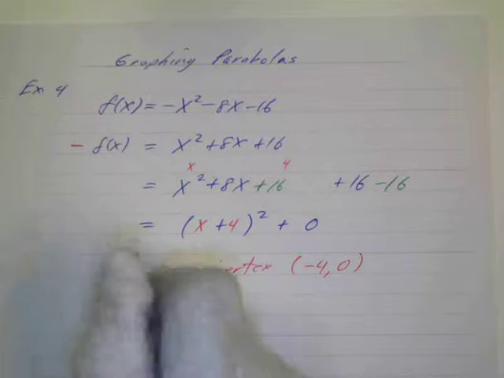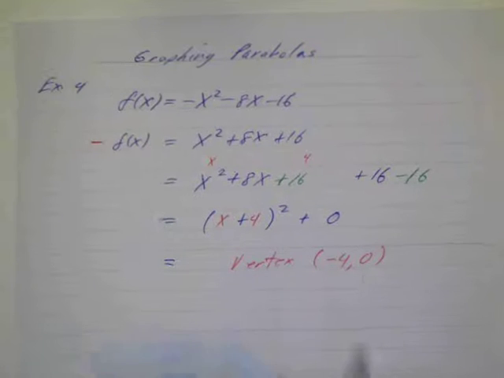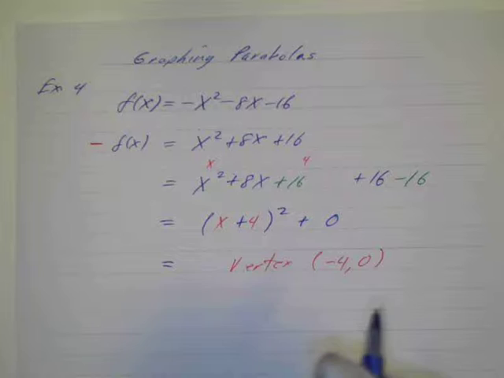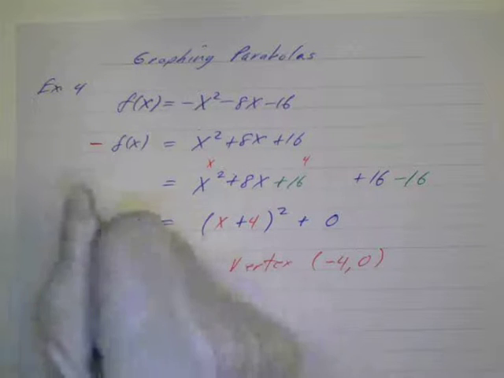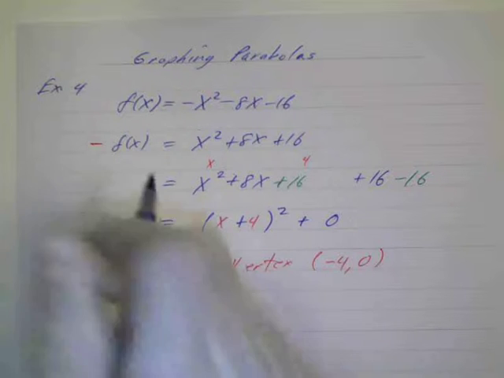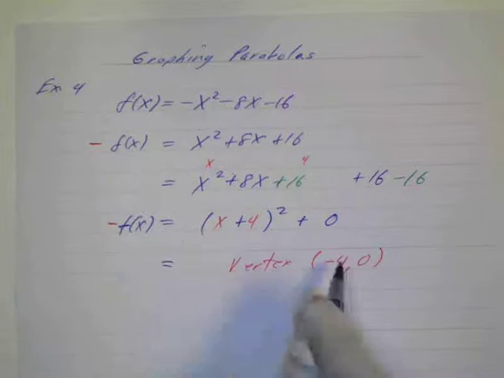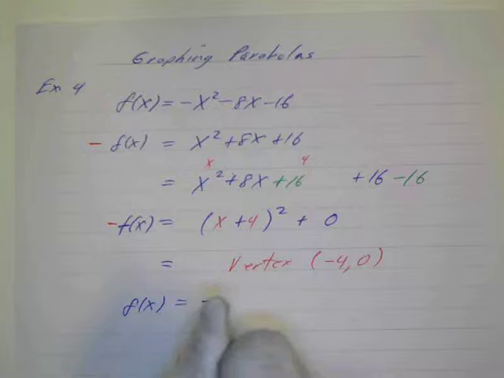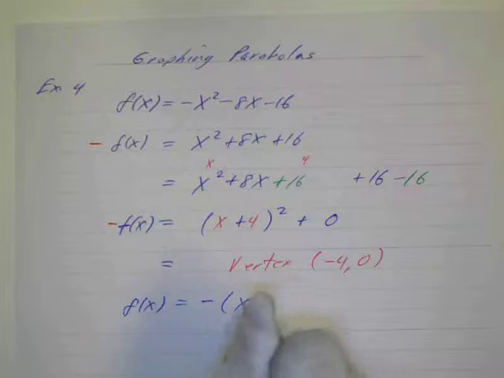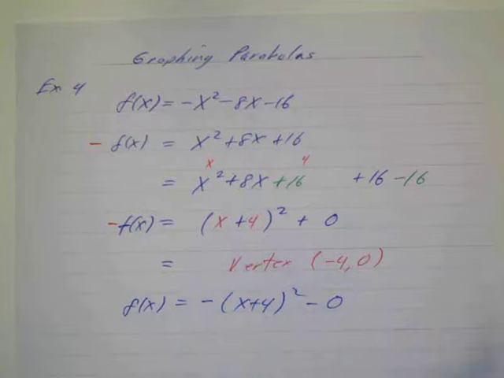And you could write the 0 just to, like I said, forgot one thing, didn't I? It won't change the vertex, but I forgot that I had a negative. So you got to write this stuff down. So if I multiply everything by a negative to fix that, then I have f of x equals negative x plus 4 squared and negative 0, but that's just the same thing.